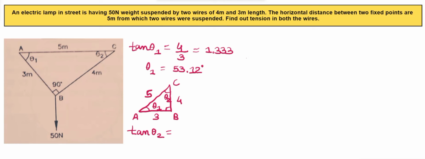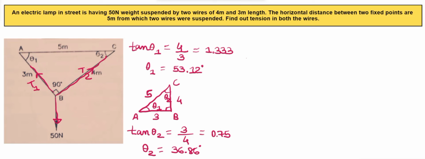Then tan theta 2 will be equal to 3 divided by 4, which is equal to 0.75, and theta 2 will be equal to tan inverse of 0.75, which is 36.86 degree. Now we are having the weight in downward direction. Here tension is acting. Here also tension is acting. We'll call this as T1 and this as T2.